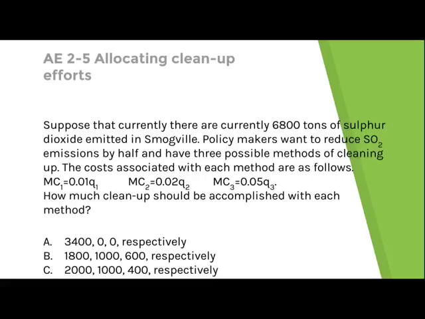Notice the key feature here: each marginal cost increases with the amount of that method we use. Method 1 has marginal costs that increase more slowly than methods 2 or 3, but all three methods feature rising marginal costs. That's critical to understanding this problem. So let's dive in.